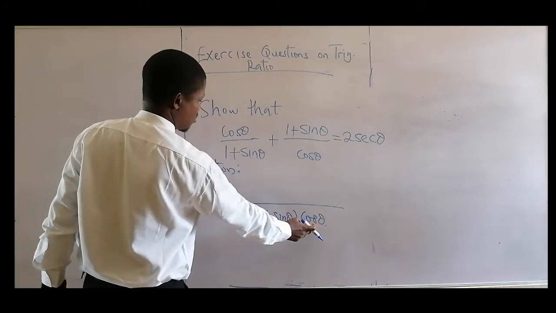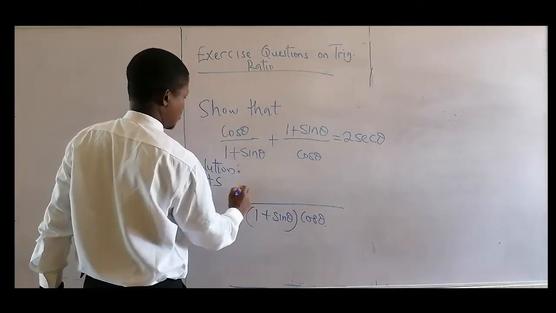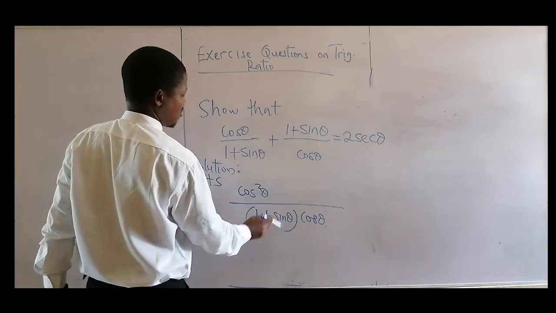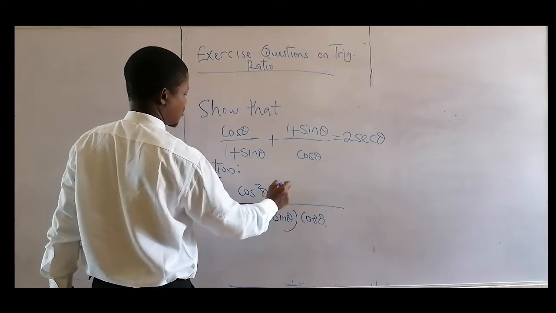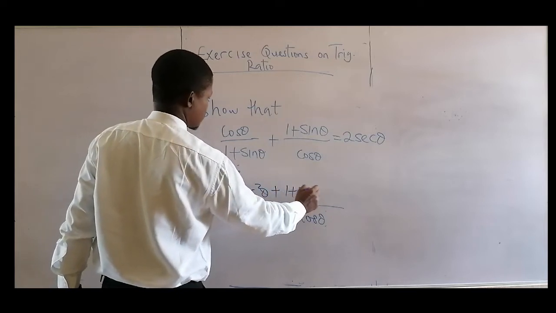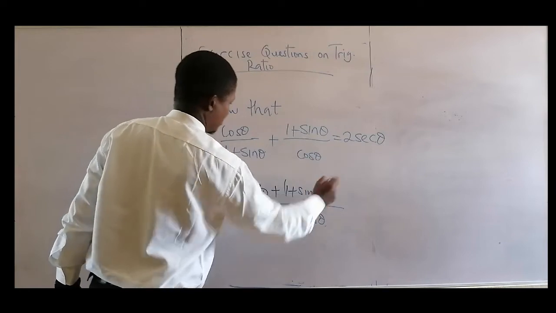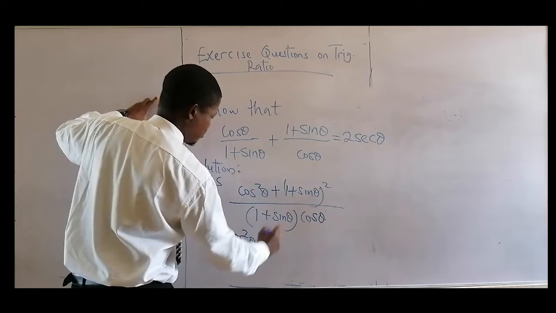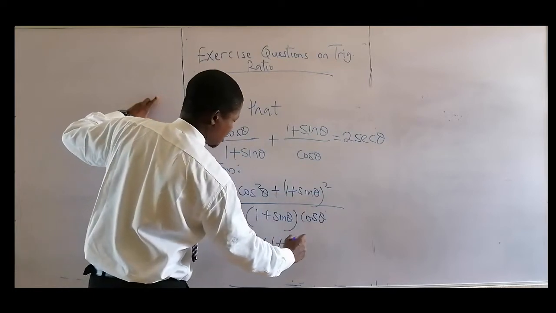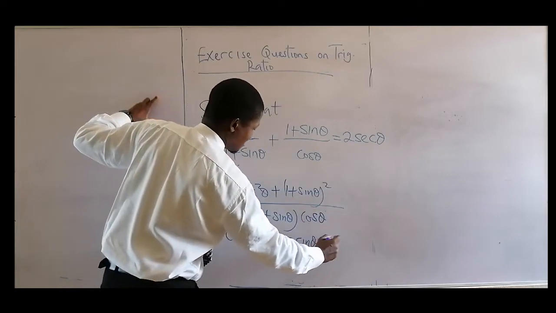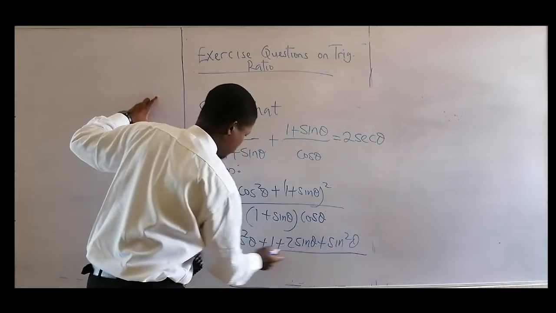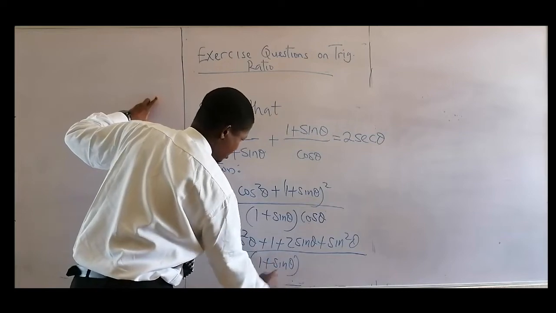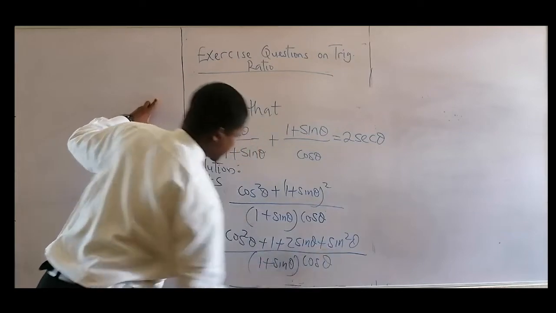You have this one, cos squared theta, times this one, so that's cos squared theta. This and this cancel. You have this one, so plus 1 plus sine theta times numerator, that's squared. We have cos squared theta plus 1 plus 2 sine theta plus sine squared theta, all over 1 plus sine theta into bracket cos theta.